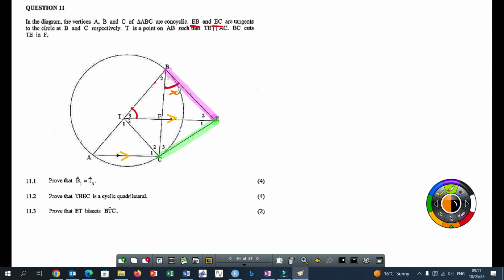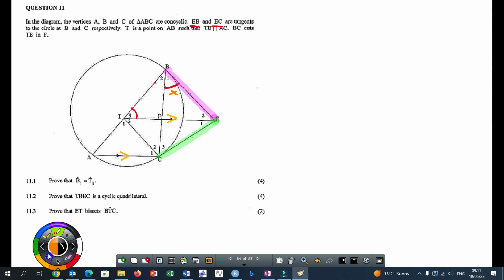Right? So, we have a tangent, right? This is B1. And we have this chord here. Make sure you look, because geometry is about understanding your diagram. So, we have this chord BC. Can you stop talking and pay attention? That's our chord BC. The angle between this chord BC and the tangent BE is B1. And the chord BC subtends angle A at the circumference. So what that means is this is also what? That will become x based on the tan-chord theorem.